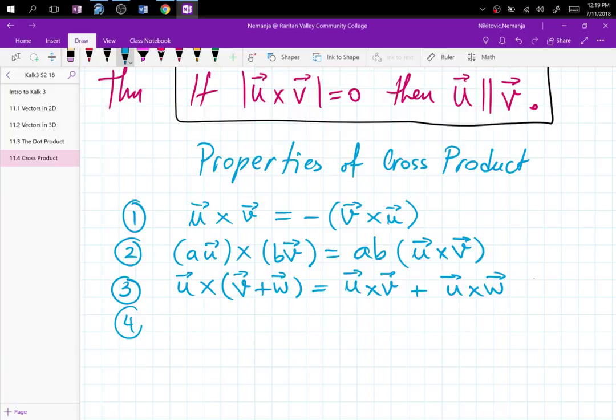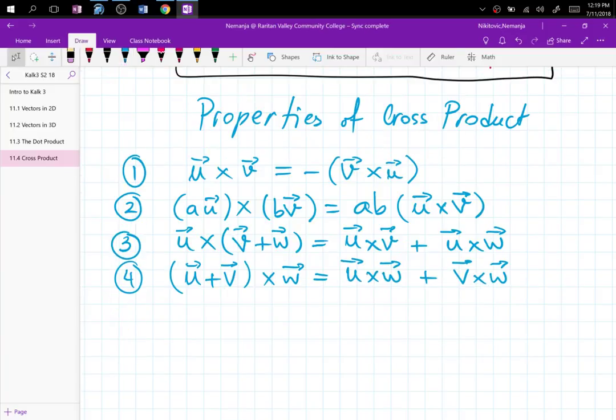So you get U cross W and V cross W. Clearly, the proofs for these are excruciatingly long, but possible. Yeah, don't worry about it.